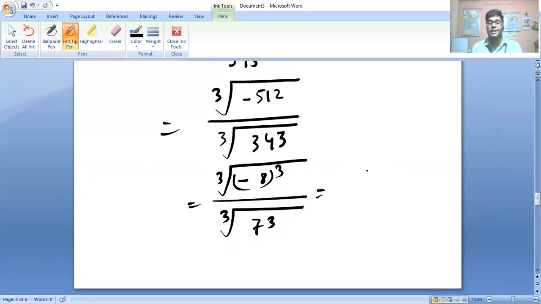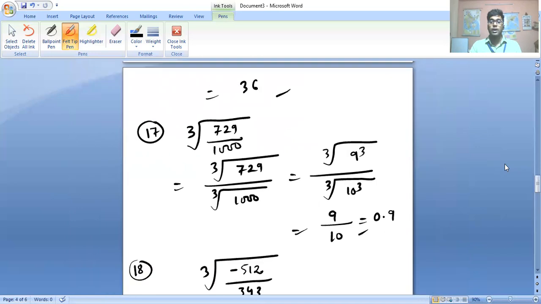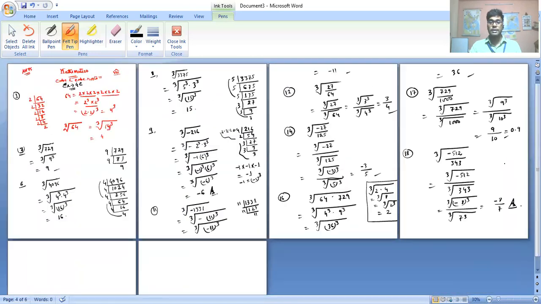So very easily for minus 8 cube, minus 8 will come out, and for 7 cube, 7 will come out. And this brings our answer. And this will conclude our exercise 3C. Objective questions I can give as homework in our live classes. So this concludes our 3C.